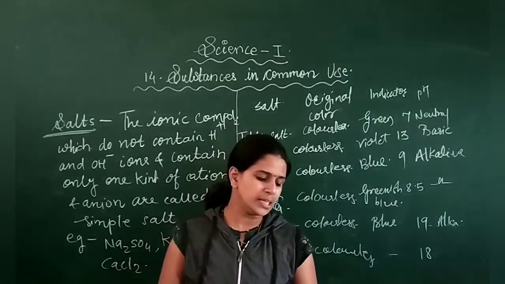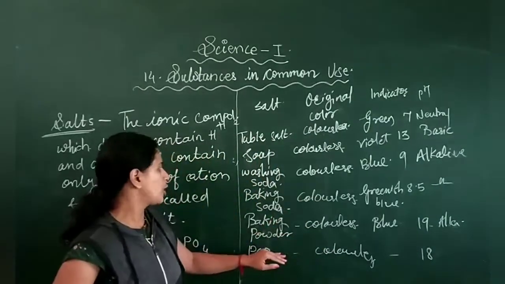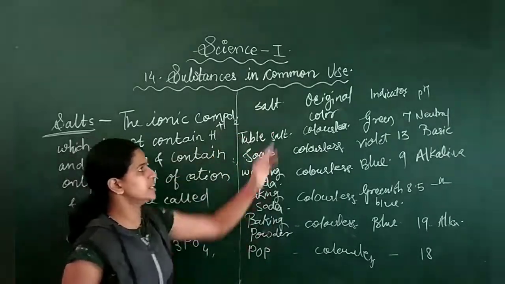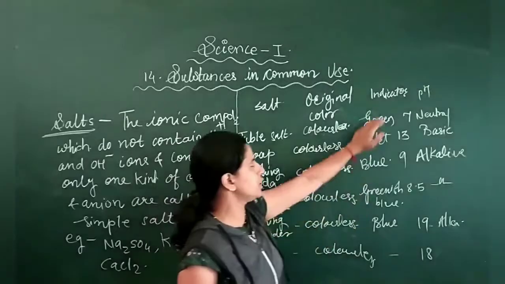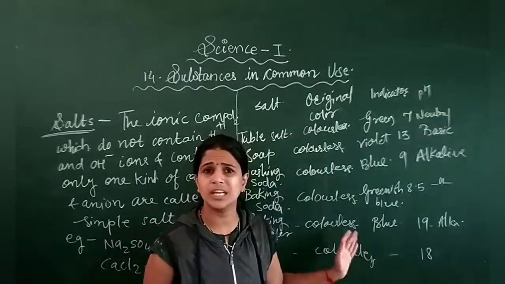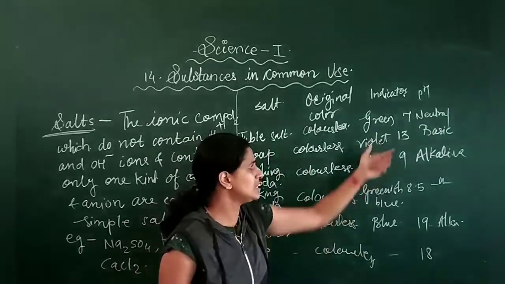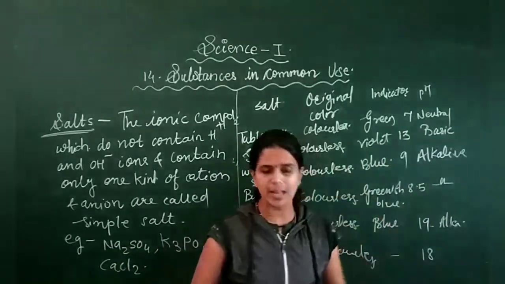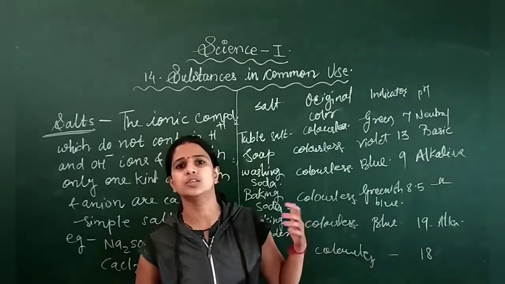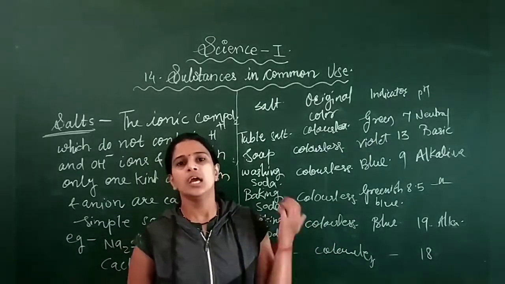So these are some readings. Write this down in your notebooks. These are some salts, their original color, the color when we put the indicator, and their pH values. By using the pH value, we find out which nature they are, whether acidic, basic, or neutral.